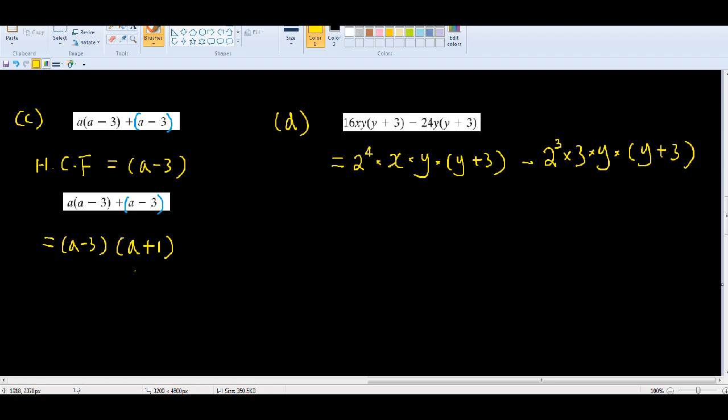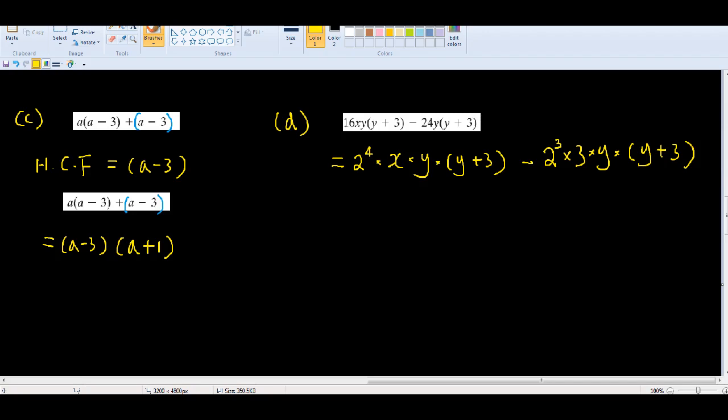So let's track C first. For C, you need to add a bracket for that a minus 3 to make it look like 2 binomial common factors, right? Without that bracket, you could still see the common factor, but it will be much better in terms of presentation, so you treat that a minus 3 as 1 unit.